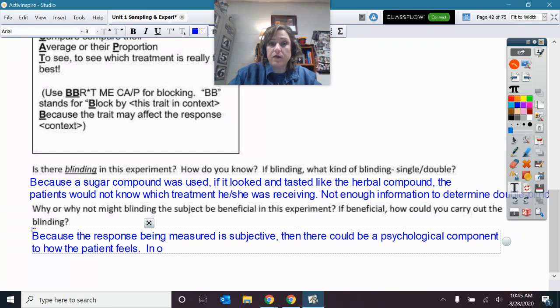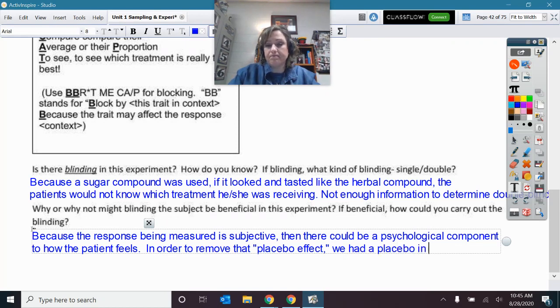In order to remove that placebo effect, we had a placebo in the experiment. All right. And then the other one, we had it, and so we don't need to continue with that.